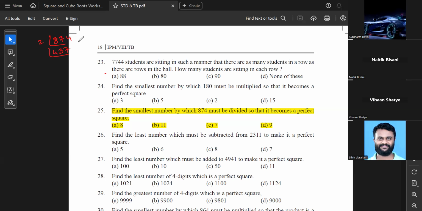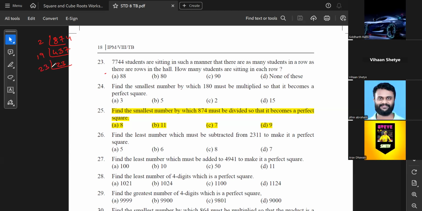Okay, that actually makes sense. Then I get 23, which is a prime number. Technically speaking, 874 is a product of 23 multiplied by 19 multiplied by 2.